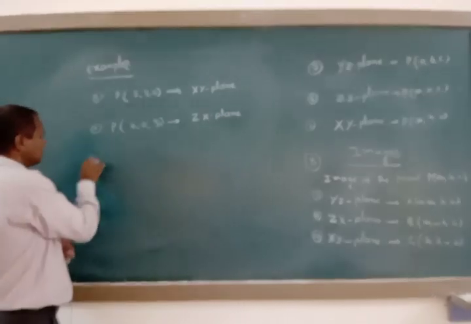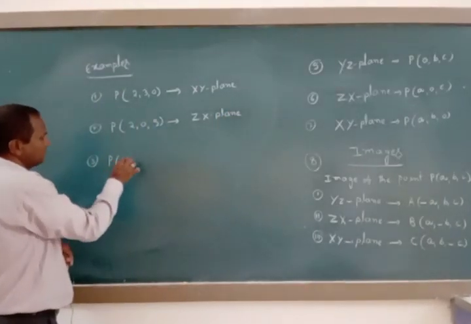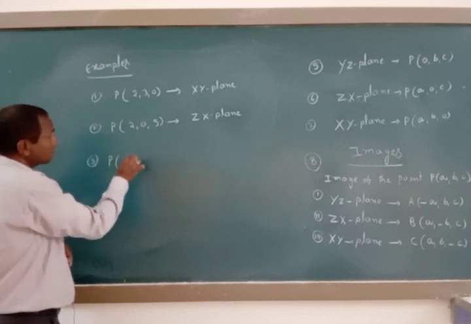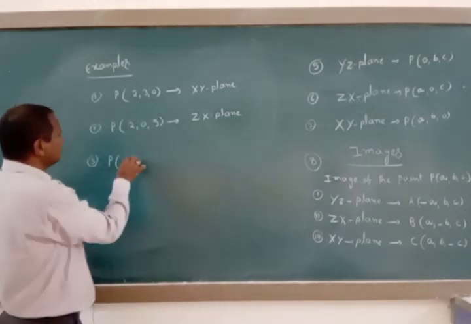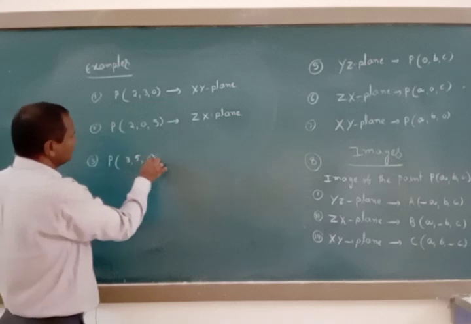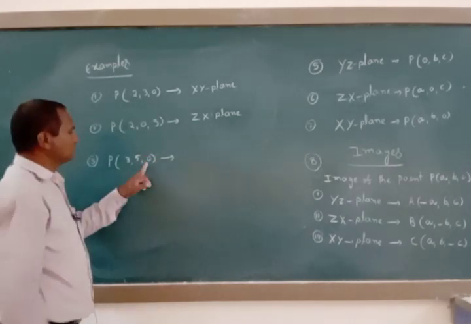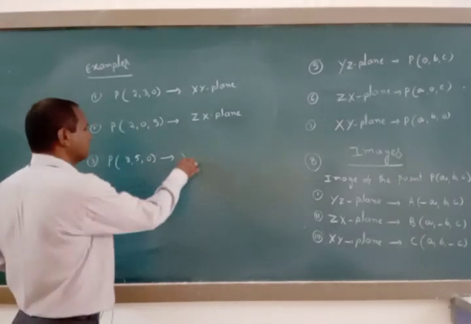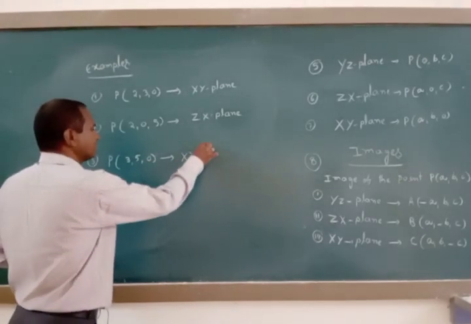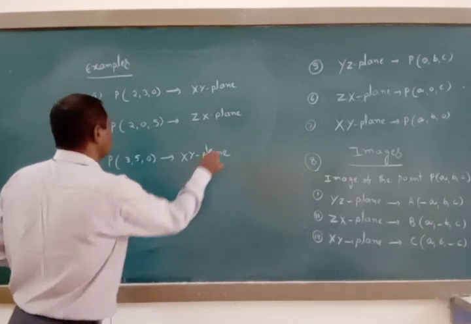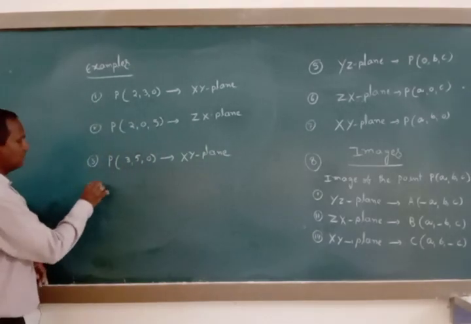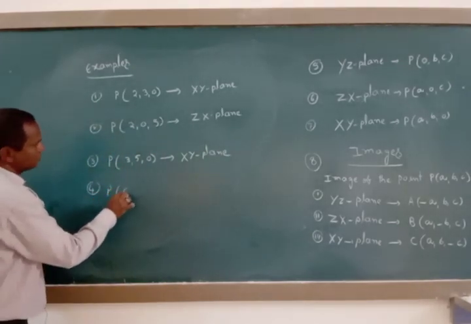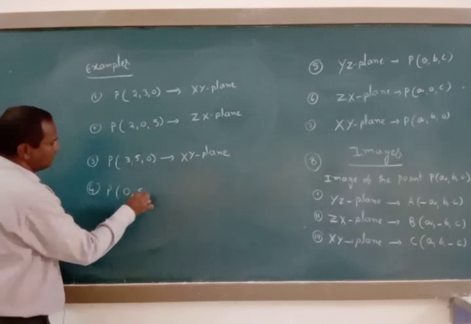Next, third is (3, 5, 0). Z is 0, so it is the XY plane. One more example: (0, 5, 2).